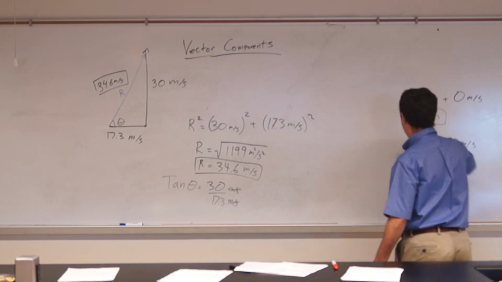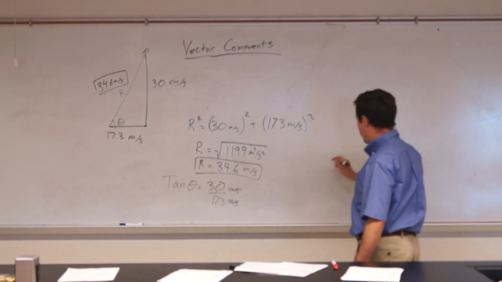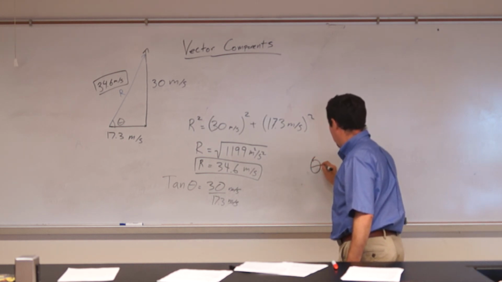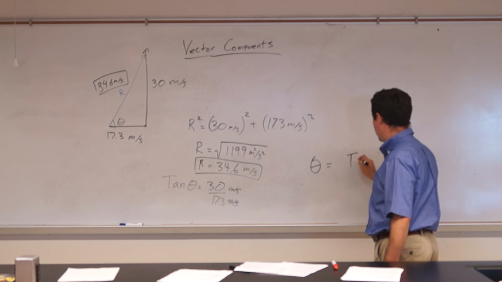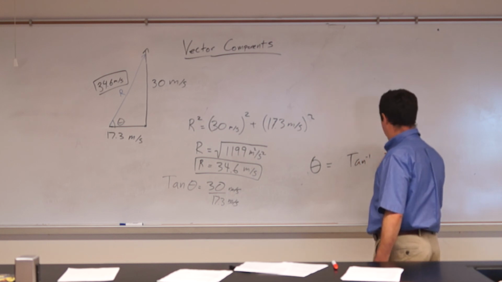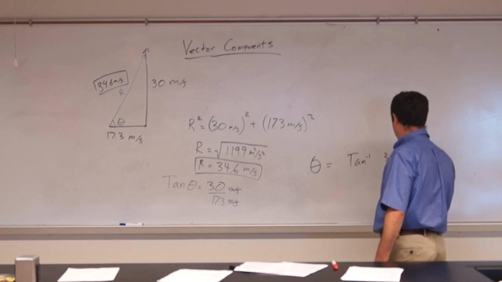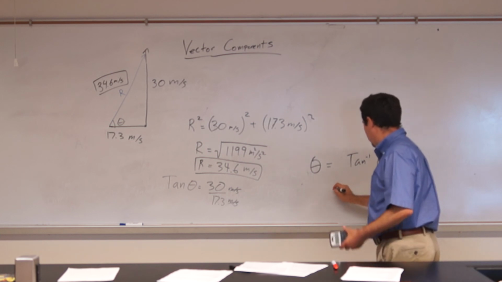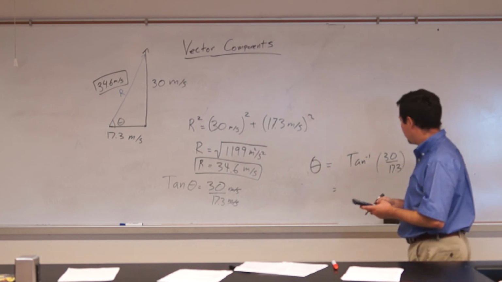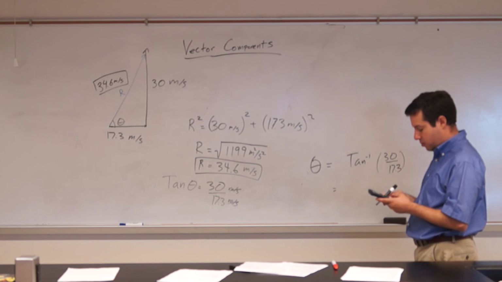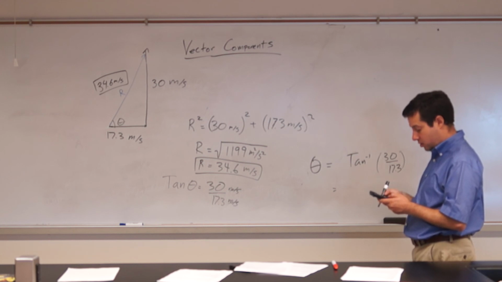So we find that theta is equal to the inverse tangent of 30 divided by 17.3. And you can put that into your calculator, 30 divided by 17.3, and you do the inverse tangent of that.